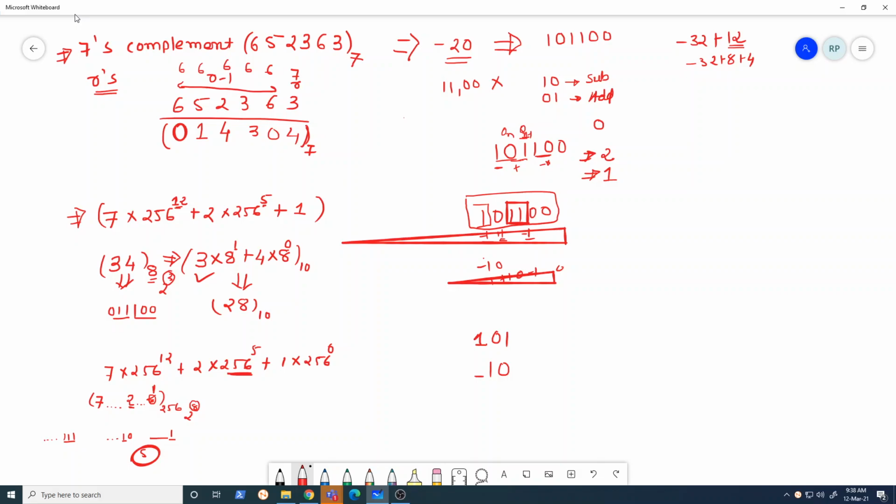Now in this, if you carry this last bit, the one that is here comes here, then this is arithmetic. If you just discard this and every time you put 0 or 1 here, irrespective of this bit, then this is logical.